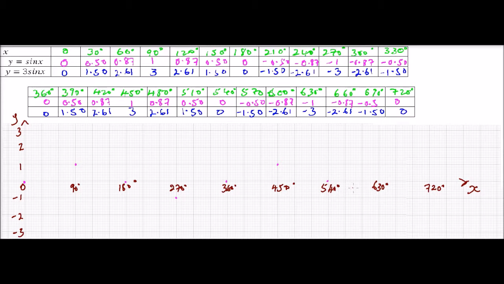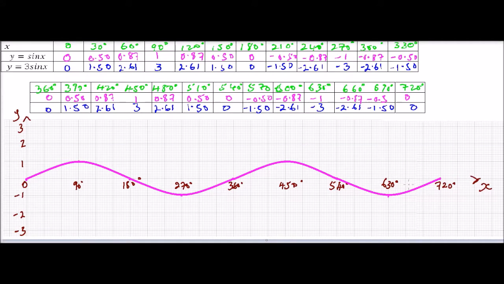Then we have 630 is minus 1. Then we have 720, it is equal to 0. So when we join these points, we should be able to come up with the wave of y equals sine x. So this is our graph of y equals sine x.